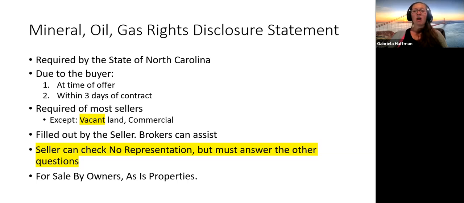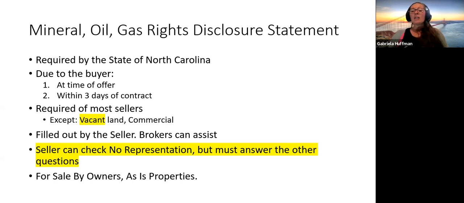I know that seems odd, but if you look at the disclosure statement in your book, the first page, the instructions page, says most sellers of residential dwellings, they have to have a dwelling on it, 1 to 4 units. That means that there has to be a home or some sort of structure on it in order to use this. So vacant land is not improved, it doesn't have any structure or home, so they're exempt from it.